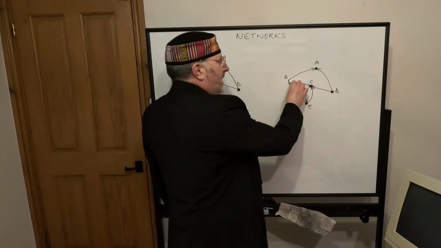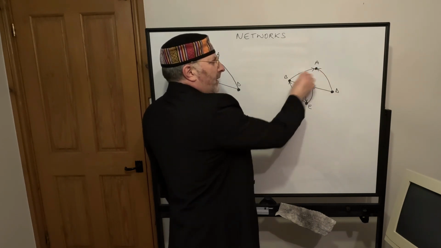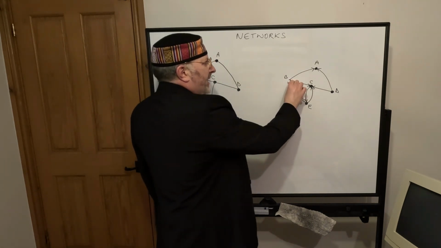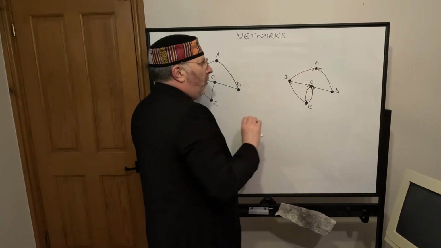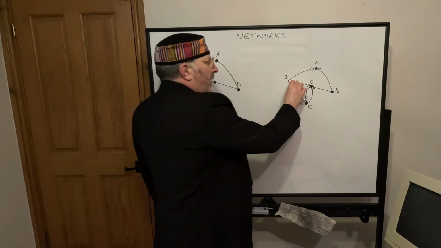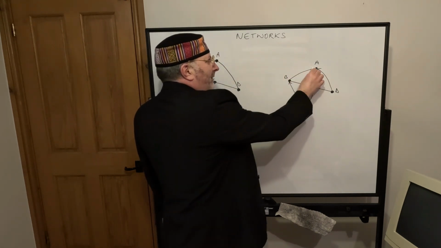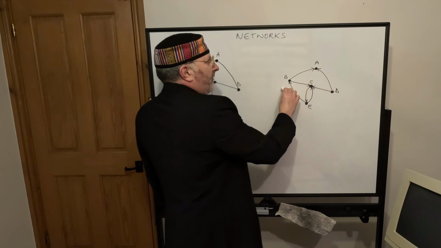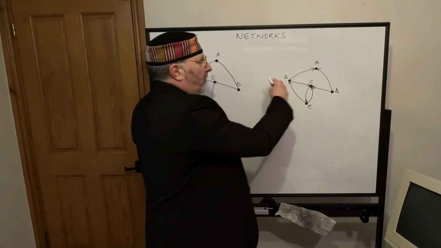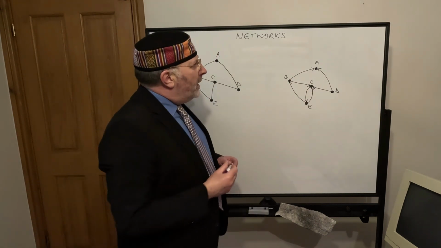So here B is linked to A, but there's no backward link from A to B. So, this means something like B loves A, or B gives tribute to A, or B buys things at A's shop, whereas A doesn't love B, or A doesn't give tribute to B, or A doesn't buy things at B's shop. So we've got directions to the links.